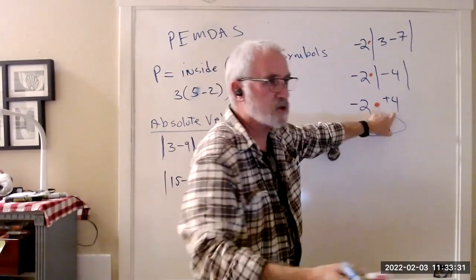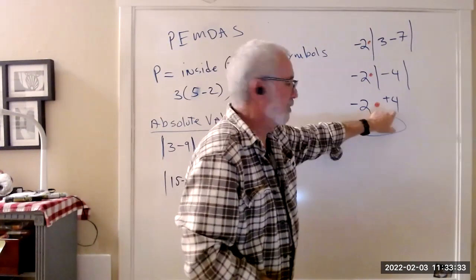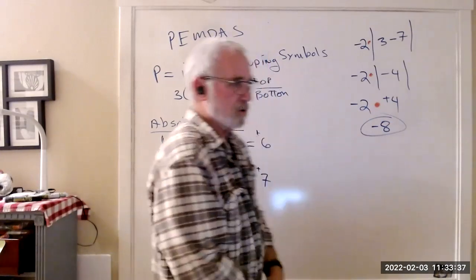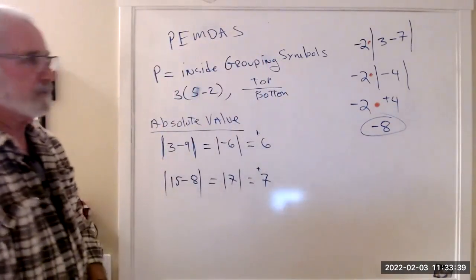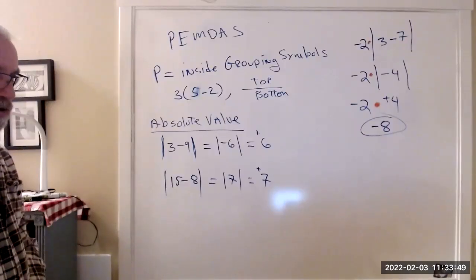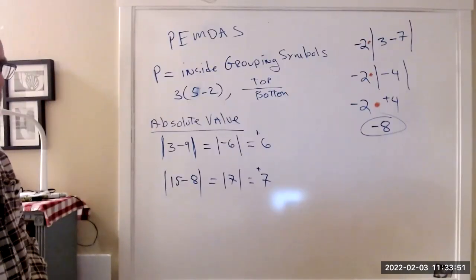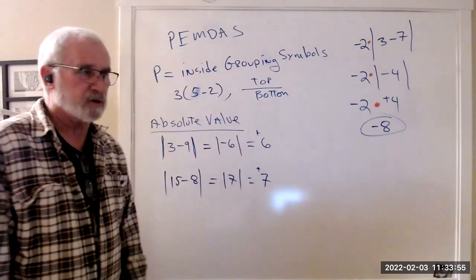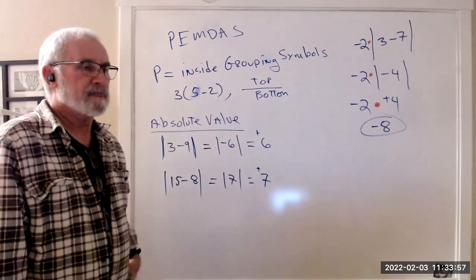But an extra step in the problem turned it to a negative answer. Are we okay with that or not? Got you. Is that because the 2 is outside the bracket? Yep. The 2 has nothing to do with the absolute value. It's just sort of saying, get your answer and then multiply it by -2 later.